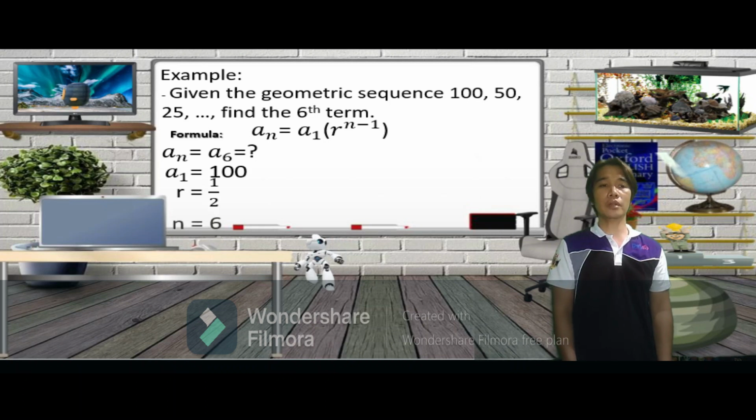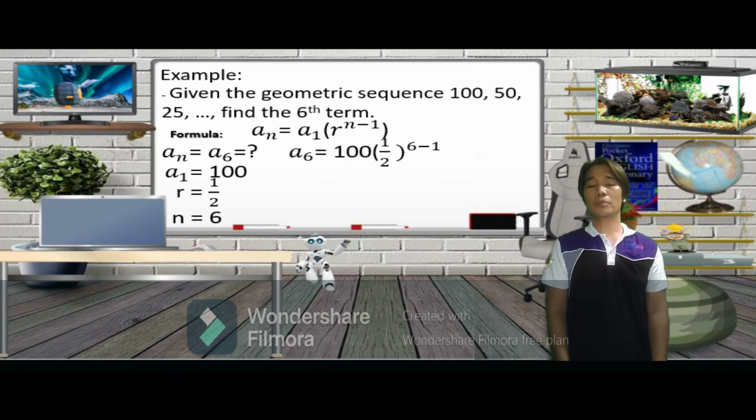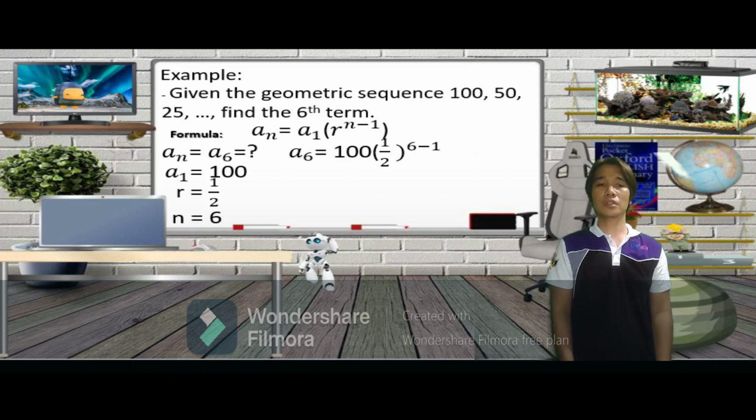Then the number of terms is 6. So let us now substitute the value. We have a sub 6 is equal to 100 multiplied by 1/2 raised to 6 minus 1. So let us subtract 6 minus 1. So we have a sub 6 is equal to 100 multiplied by 1/2 raised to 5.